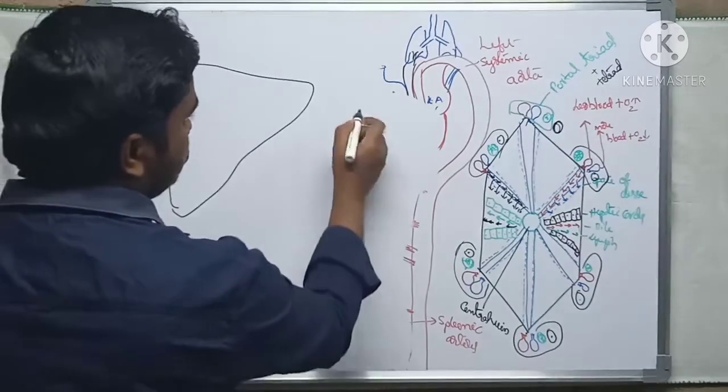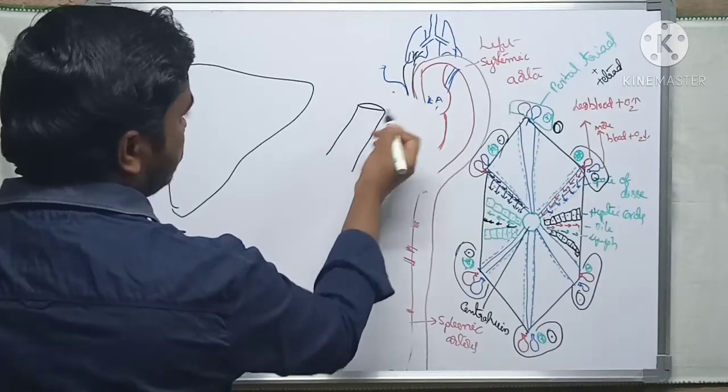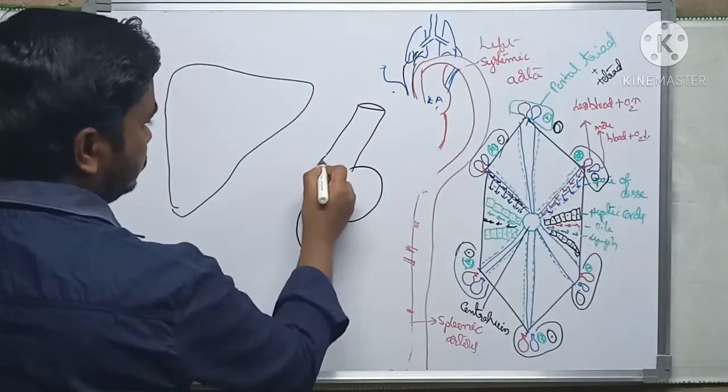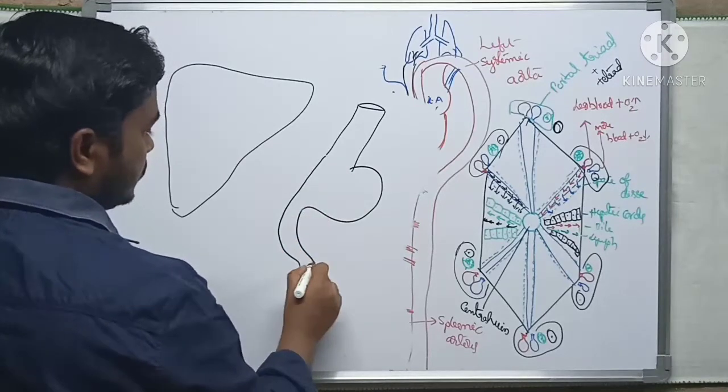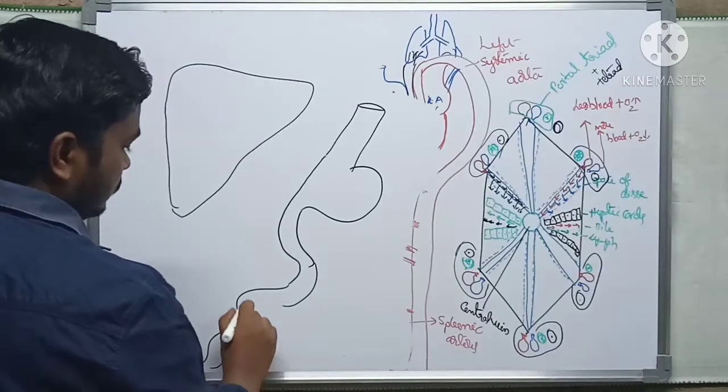And also this is our esophagus, stomach region, duodenum part, then this is the large intestine.